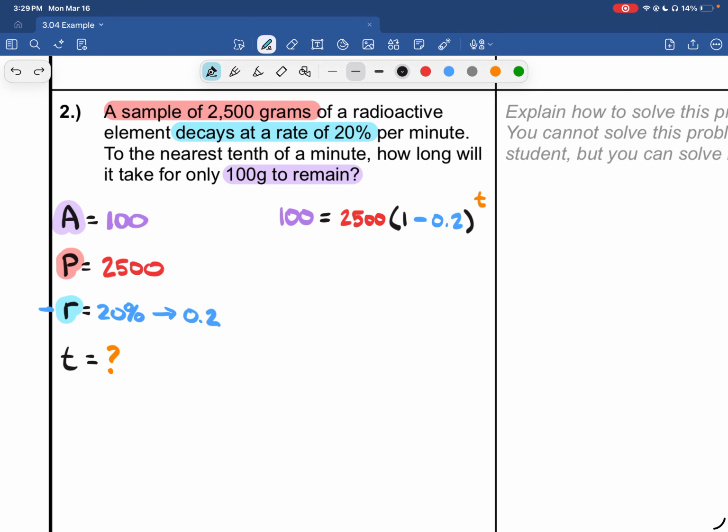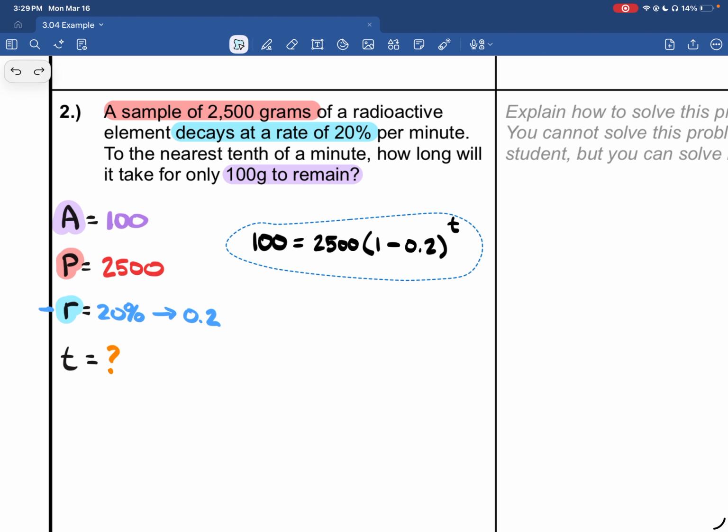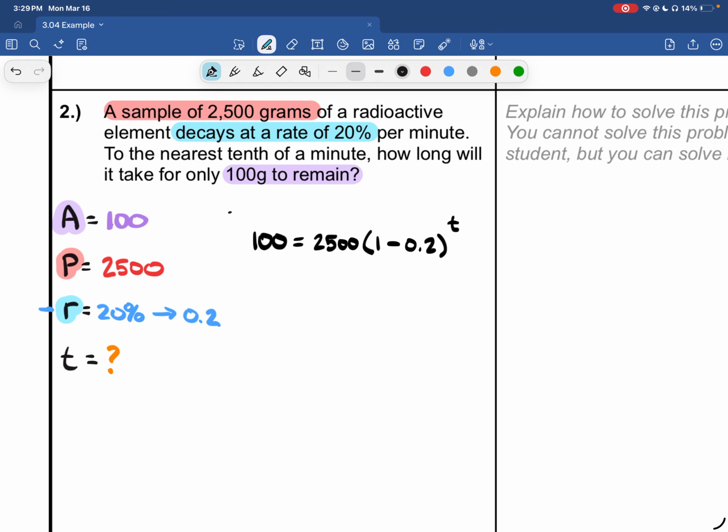And let me change all that to one color to make it easier to see. I am going to use Desmos and type y equals 100 and y equals 2,500 times 1 minus 0.2, but instead of to the t power, I'm going to change that to the x power so that it'll actually graph it.